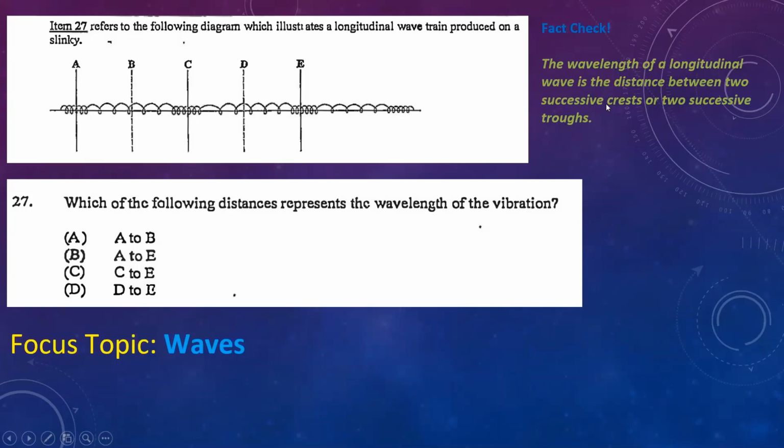So we should have the distance between two successive compressions or two successive rarefactions. We see that two successive compressions are between C and E. So C to E would be your answer. So C is your answer here.